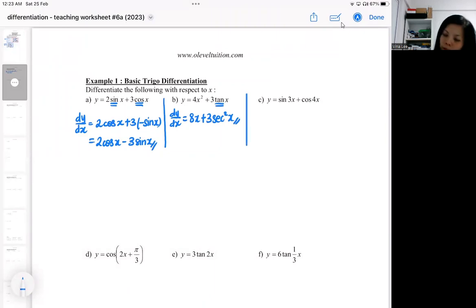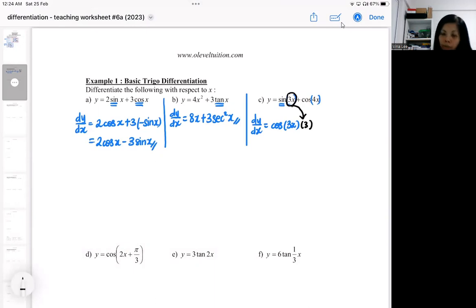Okay, part C, our angle starts not to be x already. So you differentiate sine first. Differentiate the function first. When I differentiate sine 3x, I get cosine 3x. Then you differentiate the angle on its own.